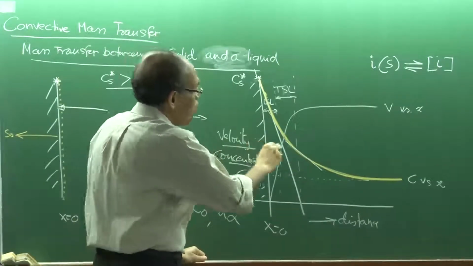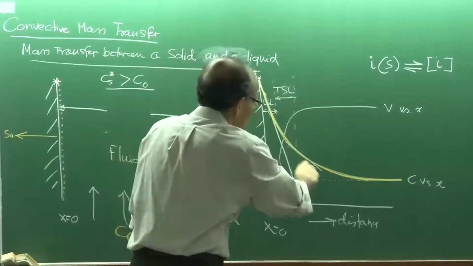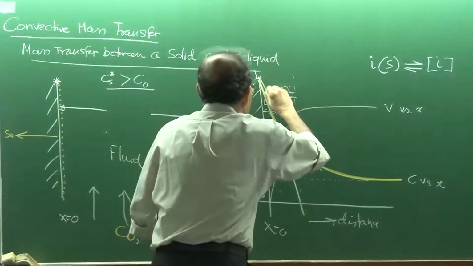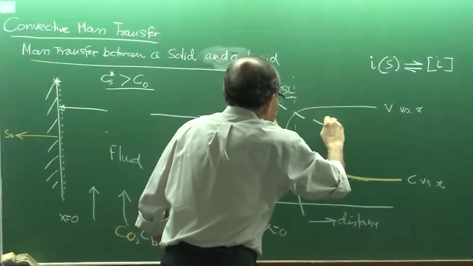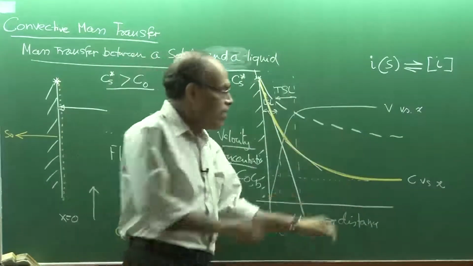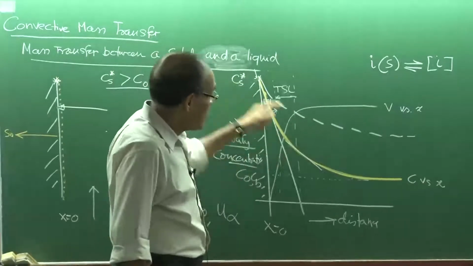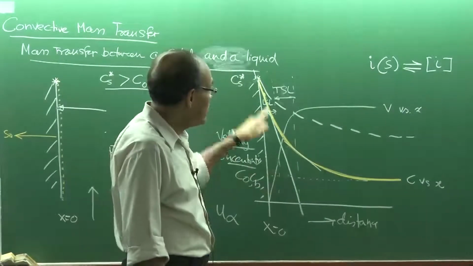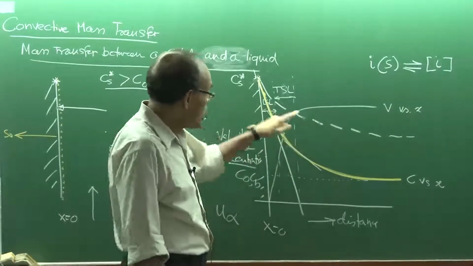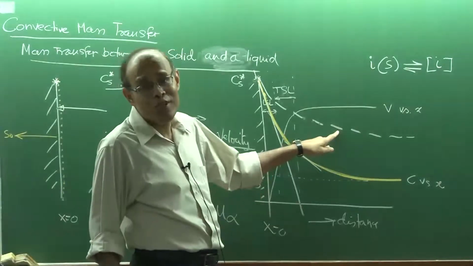And if the flow is very, very weak, in that case the slope could be not so steep, this graph could be something like this. This is a low velocity profile characteristic. So if the concentration versus distance takes this kind of a profile, looking at the slope of the line, this graph essentially represents the variation of concentration with distance in a fluid where the intensity of flow is relatively weak.